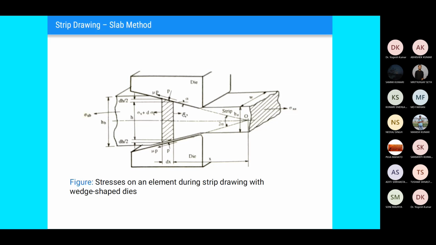So your width W is quite high as compared to your HA and HB. So we can say very negligible lateral strain will be there in this drawing operation, and we can consider this case as a case of plane strain condition. Okay, so this is a schematic diagram representing your strip drawing.